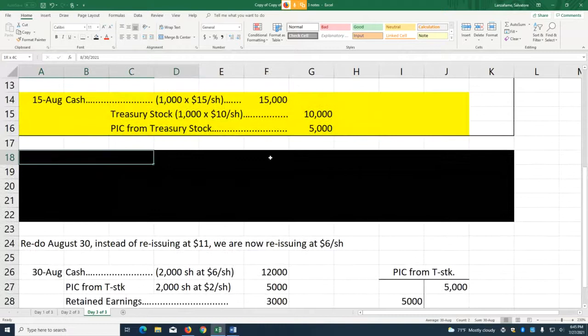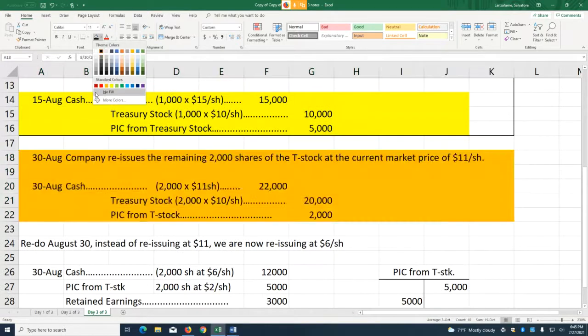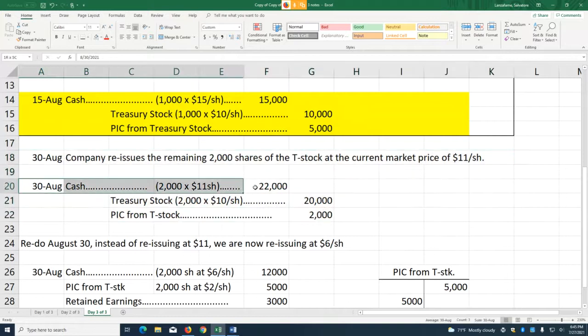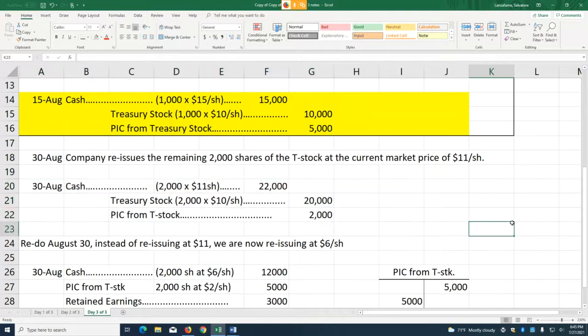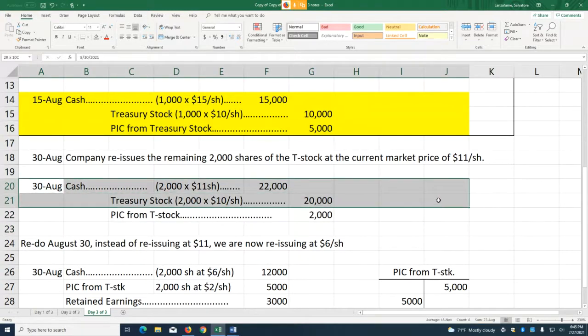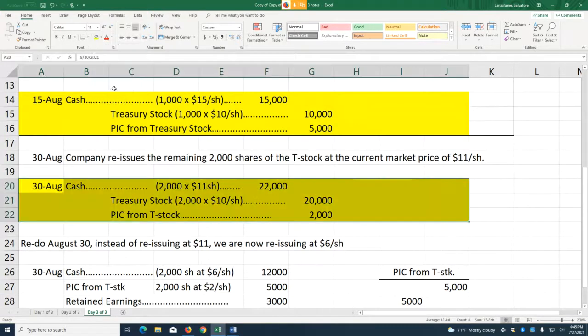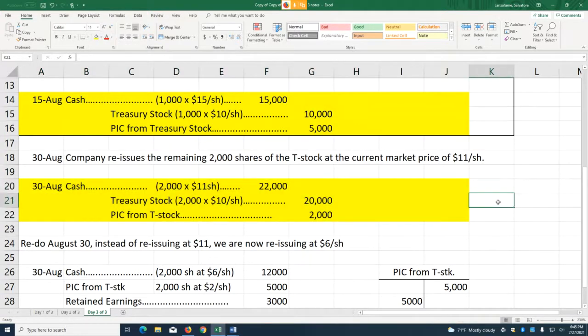In the previous example that we had here, we issued the stock, reissued at 11, it cost us 10.